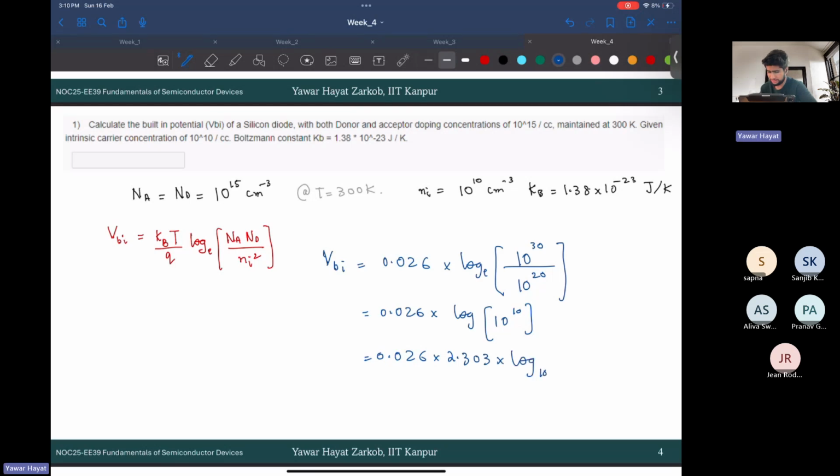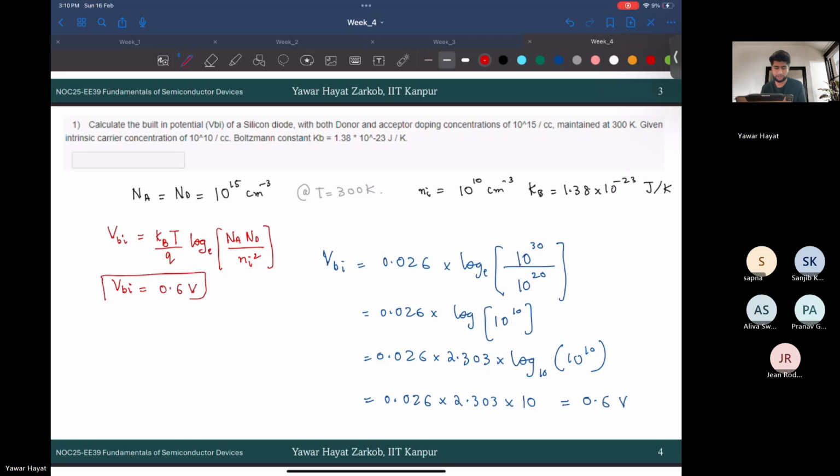Then you can write this as 0.026 into 2.303 times 10. And this should be 0.6 volts. Just let me know if I commit any mistake. So your VBI is 0.6 volts, and that's pretty much the question.